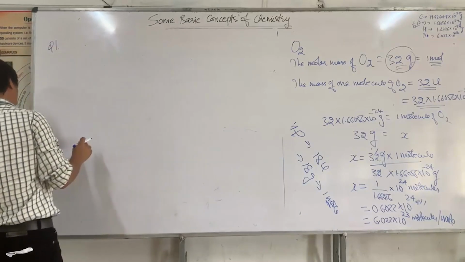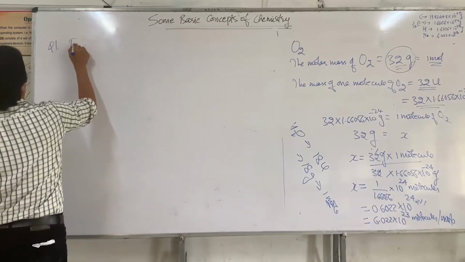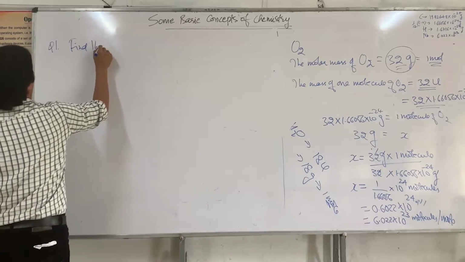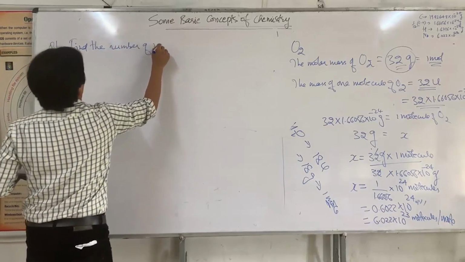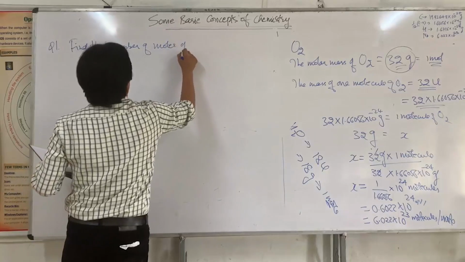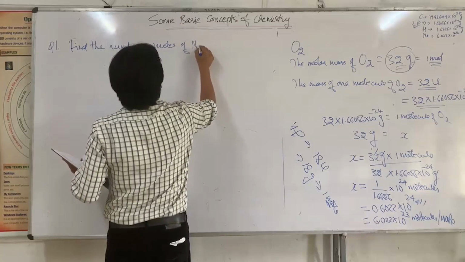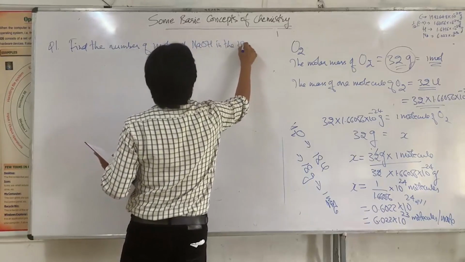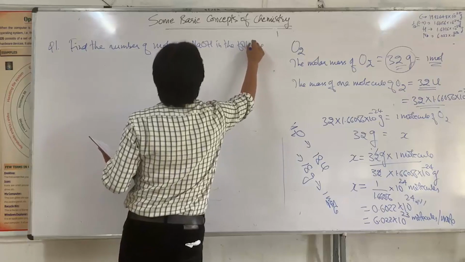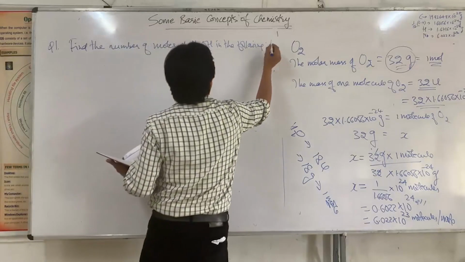Find the number of moles of NaOH, sodium hydroxide, in the following. This is simple. Now you know the meaning of molar mass. Here are some examples.